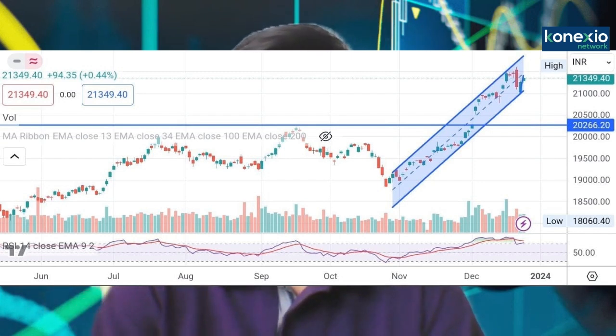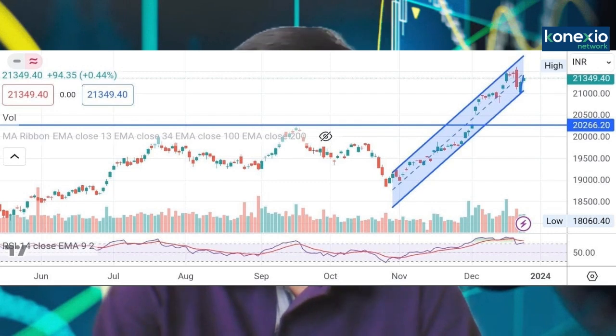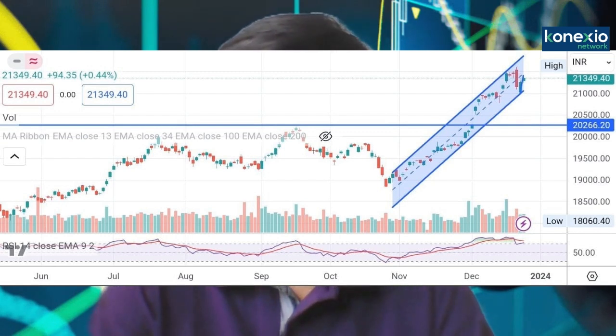So as of now, I have a view that we might see a zigzag movement or highly volatile trading sessions next week, at least till the expiry, that means till Thursday. So the trend seems to be positive, but cautiously positive.